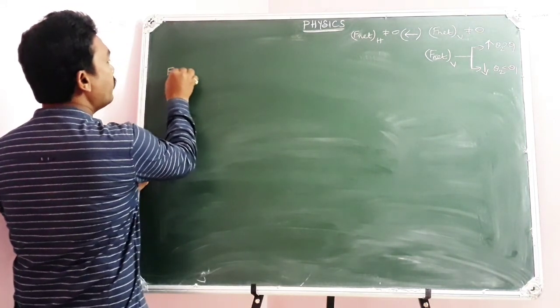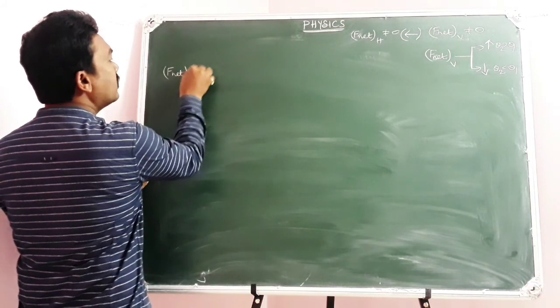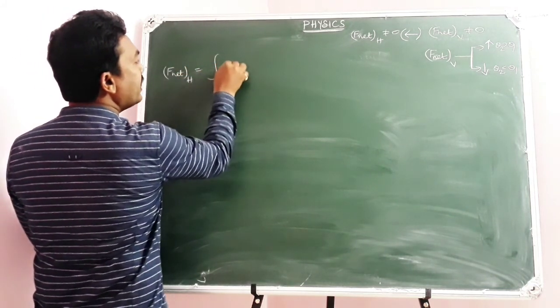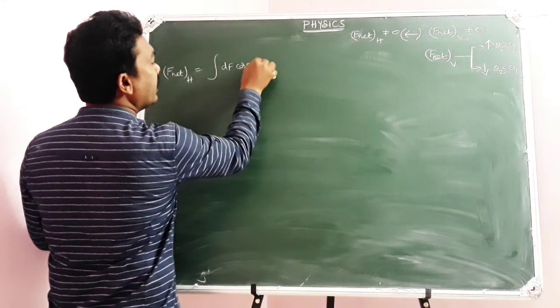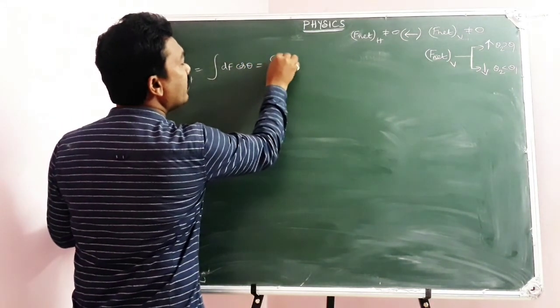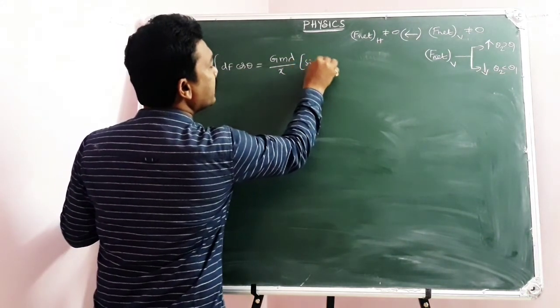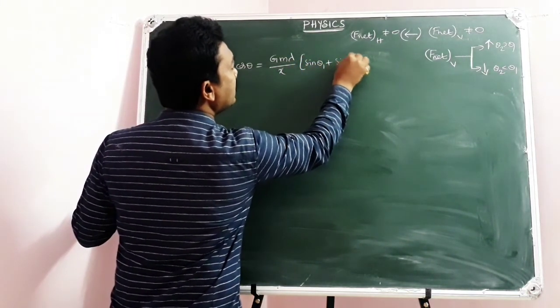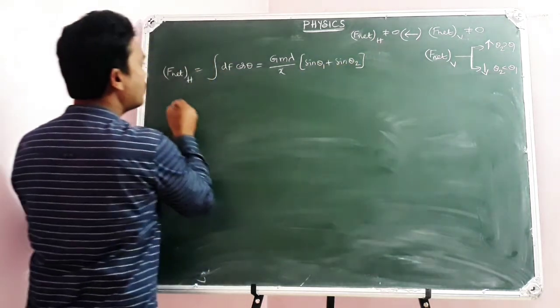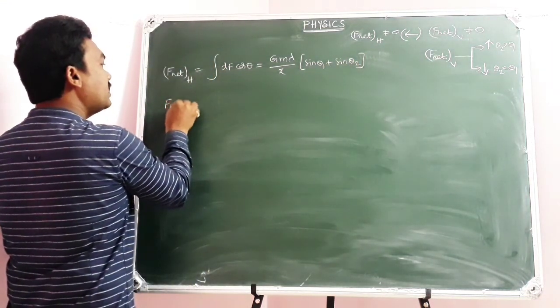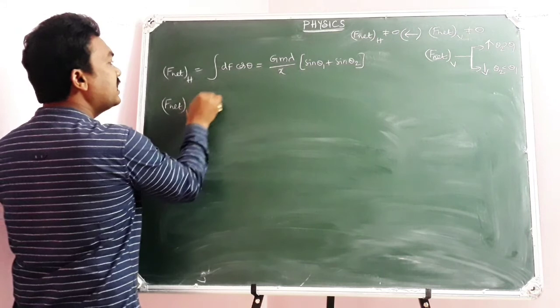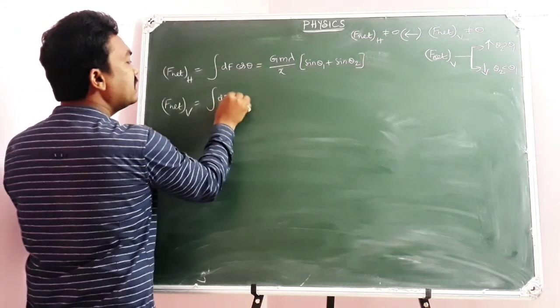Net horizontal force can be obtained on integrating df cos theta, and our final answer is G M lambda by x into sin theta 1 plus sin theta 2 is the net horizontal force, and the net vertical force is obtained on integrating df sin theta.